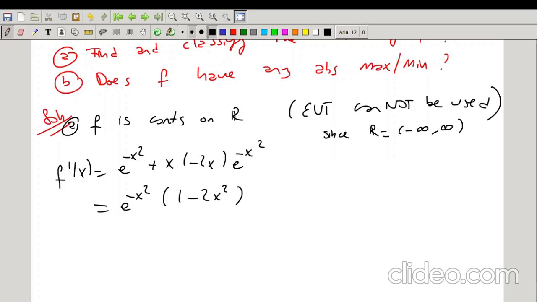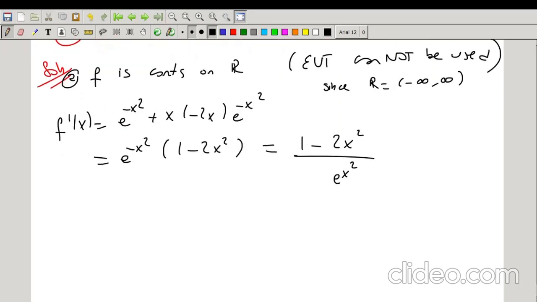It is equal to 1 minus 2x squared over e to the x squared. If f prime of x is equal to 0, this implies that x is equal to plus or minus 1 over square root of 2. So these are the critical points.